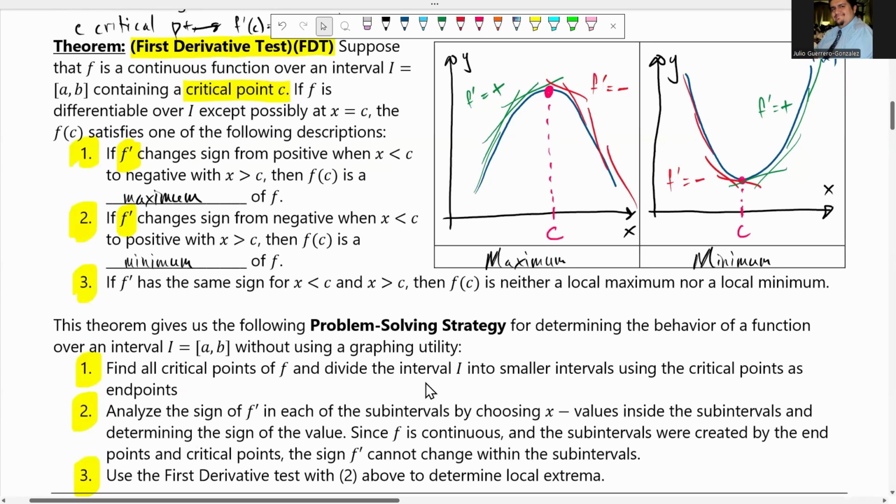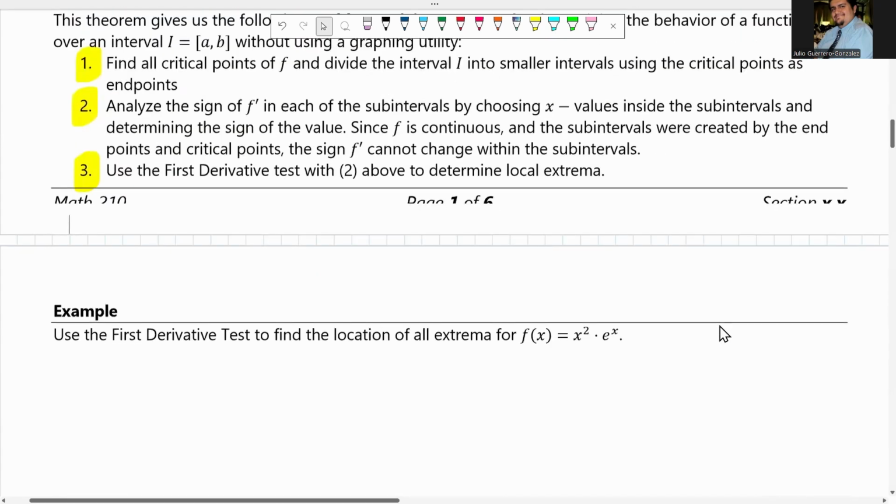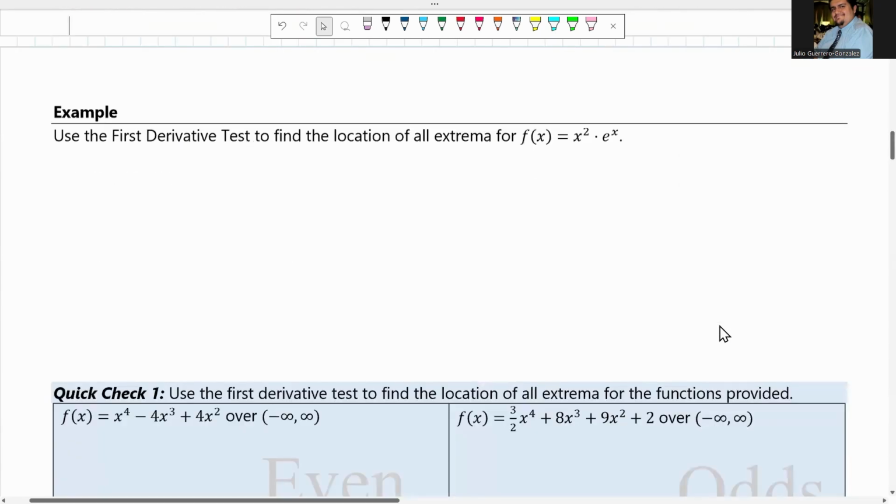That's simple. So the running example that I'm going to be using for this section is this function right here. For this section, I will graph this function eventually, just not right now.